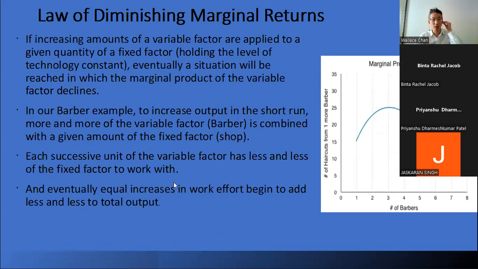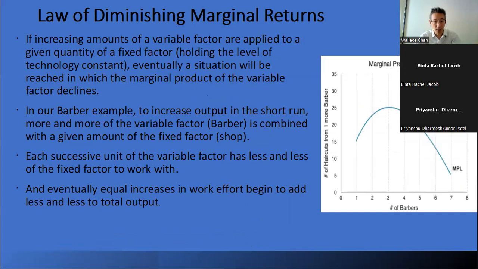Now, this is what we call the law of diminishing marginal returns. If increasing amounts of a variable factor are applied to a given quantity of a fixed factor, holding the level of technology constant, eventually a situation will be reached after which the marginal product of the variable factor declines.